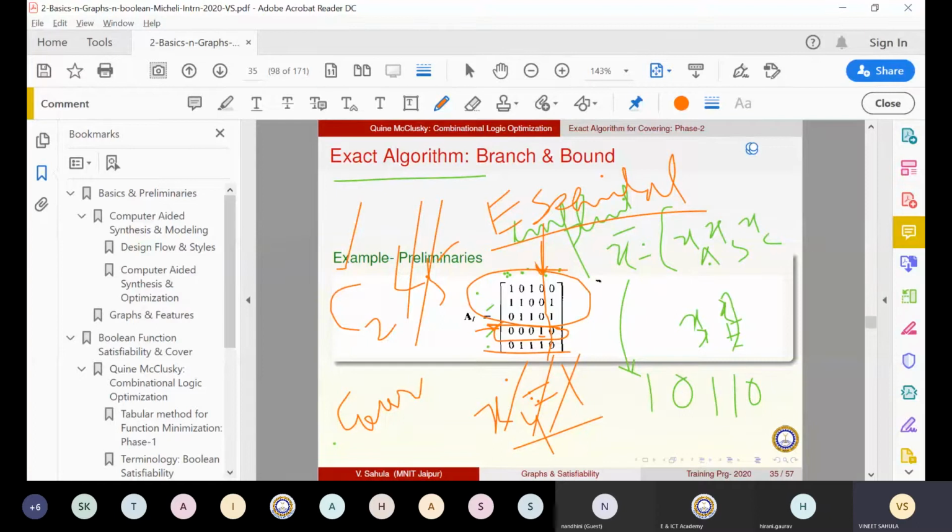So the rich row R5 will be dropped. So we say dominating rows are removed. So 3 steps. Choose essential column, remove dominated column, and remove dominating rows.